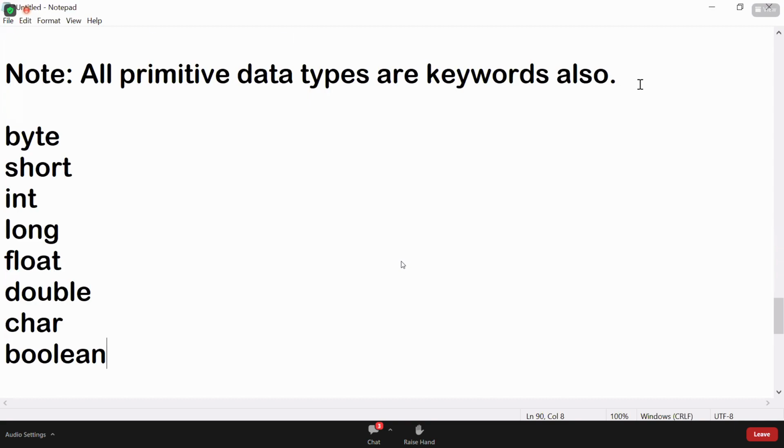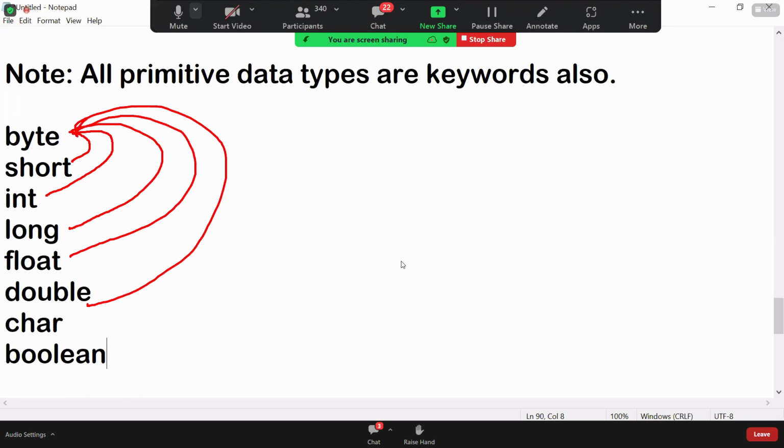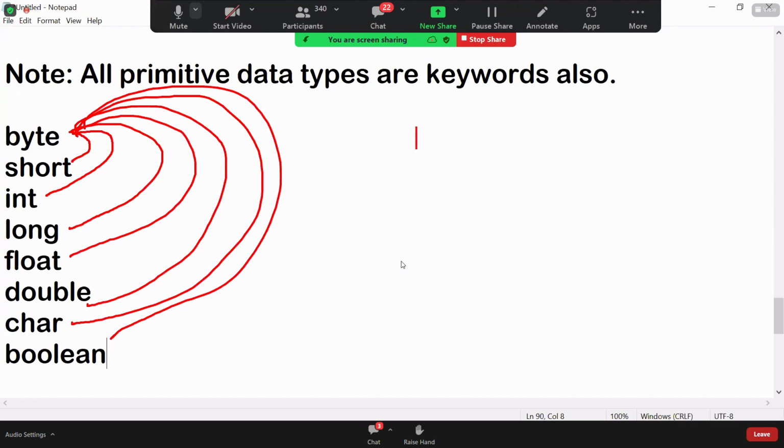Now, converting byte to short, byte to int, byte to long, byte to float, byte to double, byte to char, byte to Boolean. Then one data type converts into the other 7. Total 8 data types into 7.